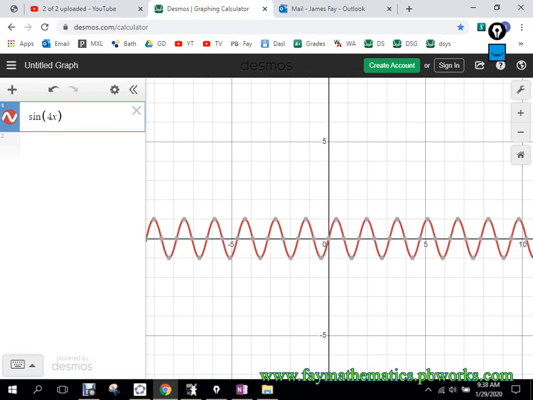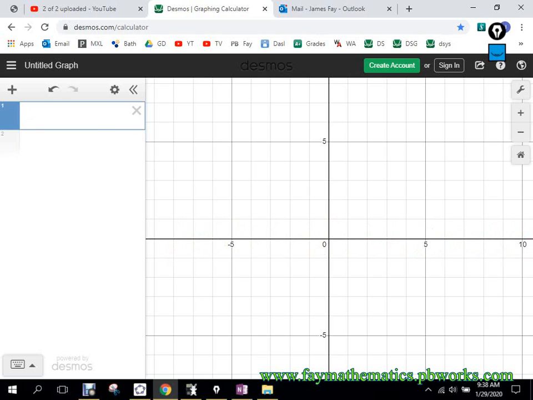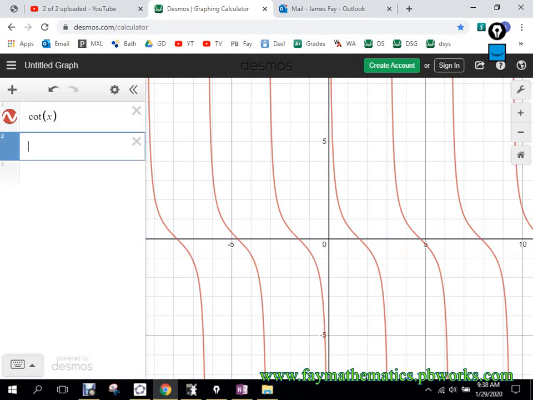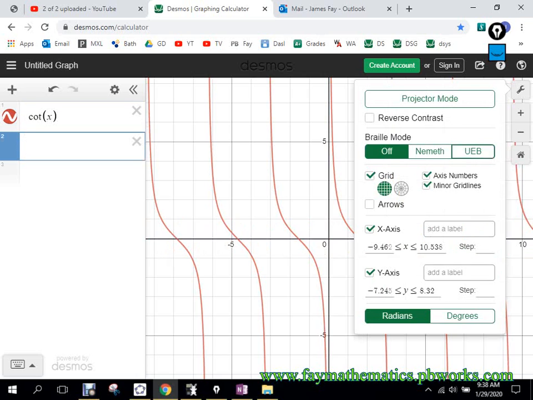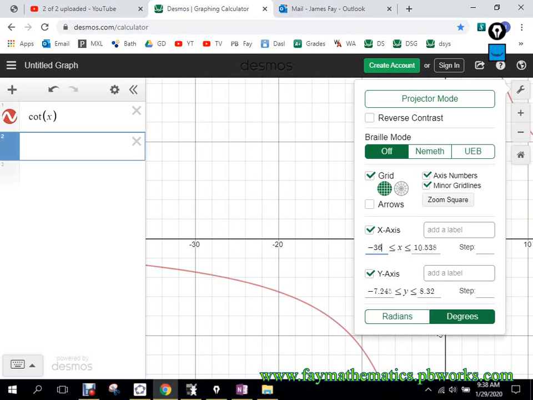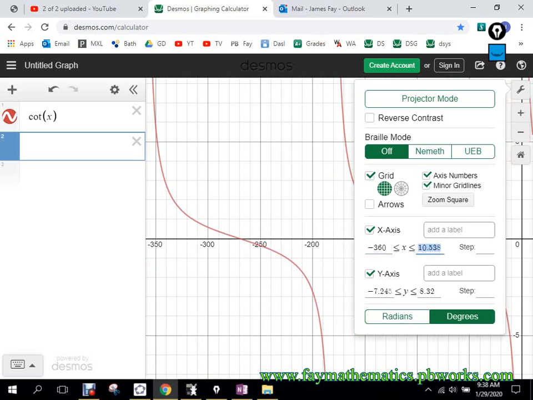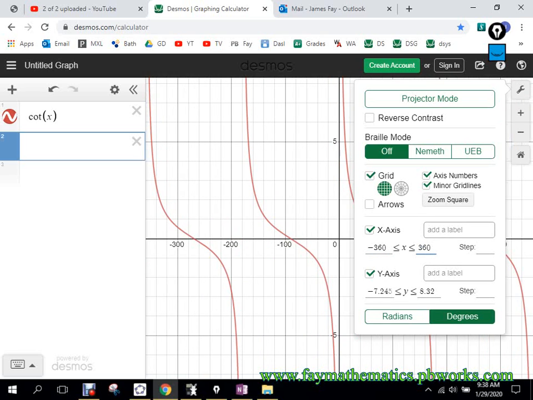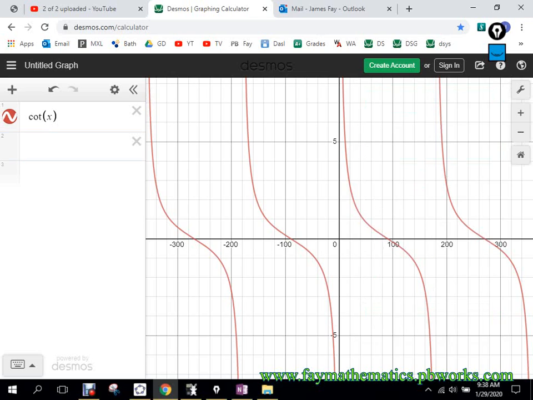Eventually you will get to that, and we'll understand it. But let's look at the cotangent one real quick. Cotangent is that one right there, okay? I don't know if Desmos is going to be great to demonstrate this, but maybe it will be. Negative 360, yeah, this will be all right. So this is looking at the cotangent between negative 360 and positive 360.